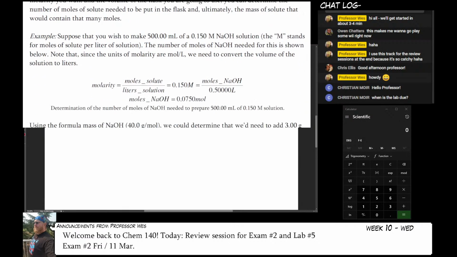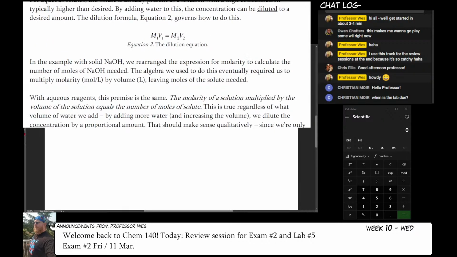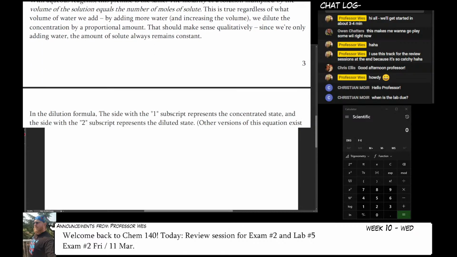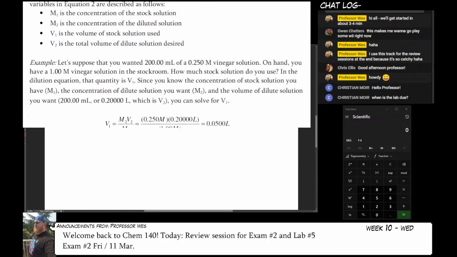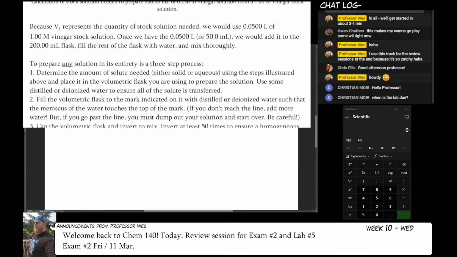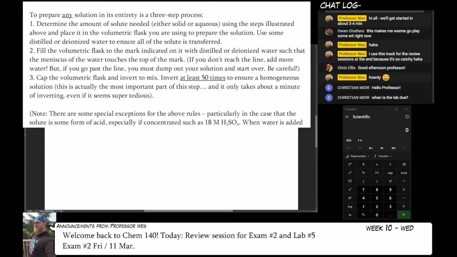you could read through all of this on your own time if you'd like. You'll see that we have the dilution equation. This version uses 1s and 2s as opposed to S's and D's, but it is the same thing. And then there's an explanation of all the variables here and how to do this. And then there's our few steps to prepare a solution. So remember that to make any solution, you just need to figure out how much solute or solvent you need.